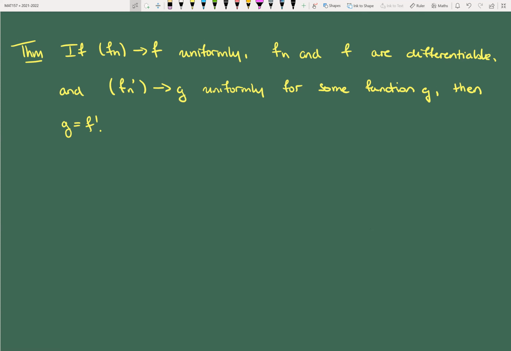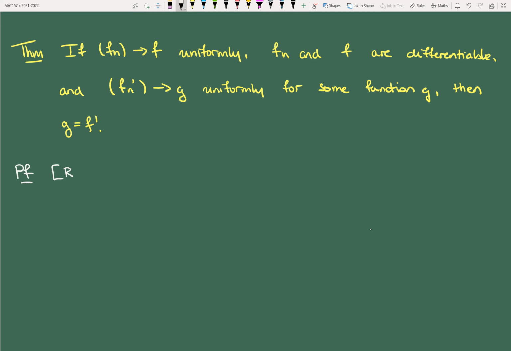You're probably thinking, wow, that's a lot of hypotheses we need to include just to make this happen. And yeah, it absolutely is. It doesn't show up a lot, but this theorem shows up enough that it's not worth throwing out. I'm going to outline the proof and do the rough work, and then I'm going to let you finish it off, just like when we were doing epsilon delta.